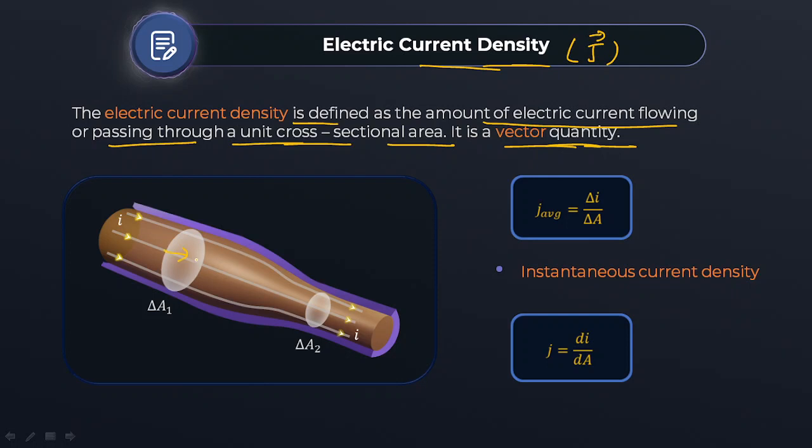The average current density will be total current flowing divided by area. If I want to write the instantaneous current density, that will be equal to dI by dA. Simple. Clear to everyone?